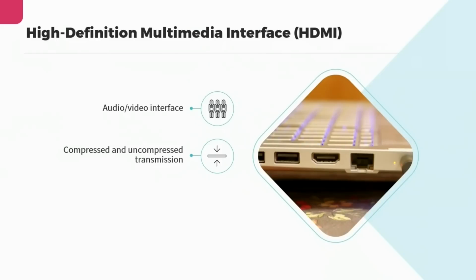HDMI was initially introduced in late 2003, but it remains a standard for high-definition video and audio to this day. And while just about any computer monitor will have an HDMI port available, you'll also find them on TVs, DVD players, PVRs, projectors, and just about any other type of device that connects to any kind of display, so they're very commonly used.